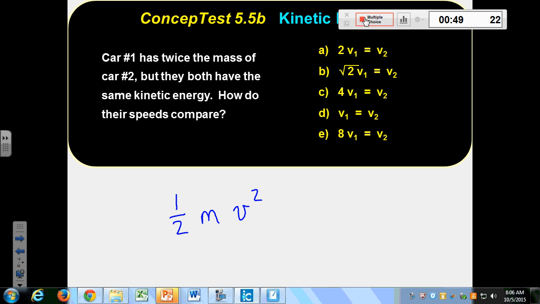Effectively, I'm doubling the mass of one of the cars, but I want to keep the kinetic energy constant. So I want to ask myself, how is the speed different for the other car to make the kinetic energy constant? Because it says they have the same kinetic energy.